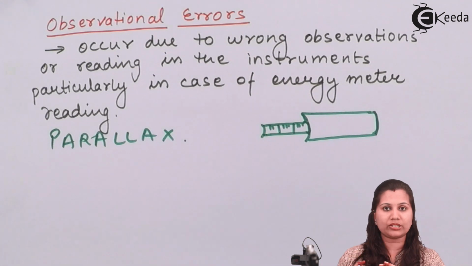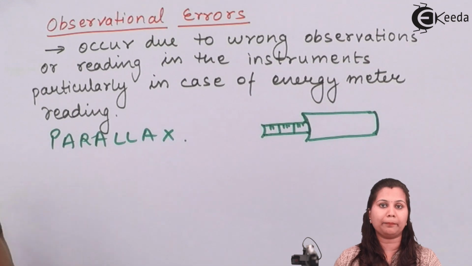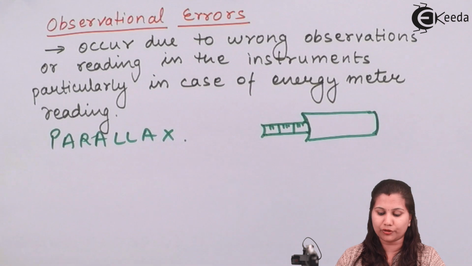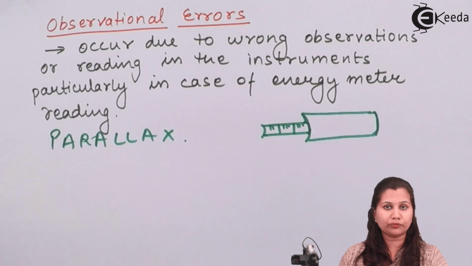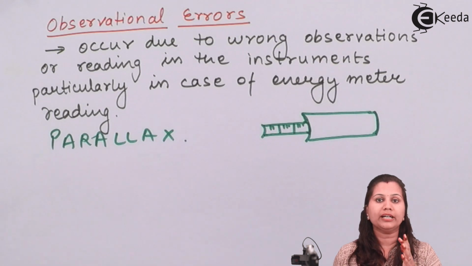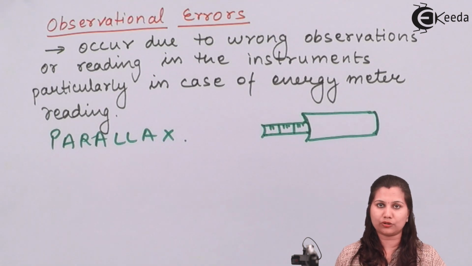So in all these three cases the readings will be different. This type of error is the parallax error, and it comes under the category of observational errors. If we want to remove observational errors, we have to be careful at the time of taking the readings from the instrument.